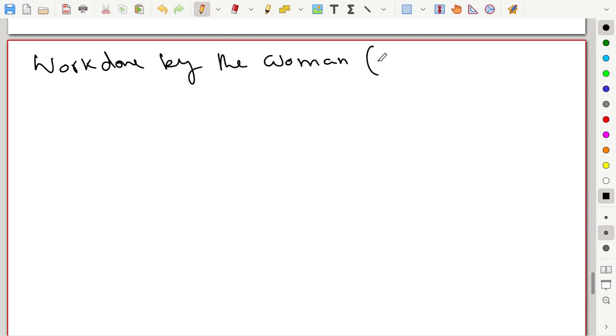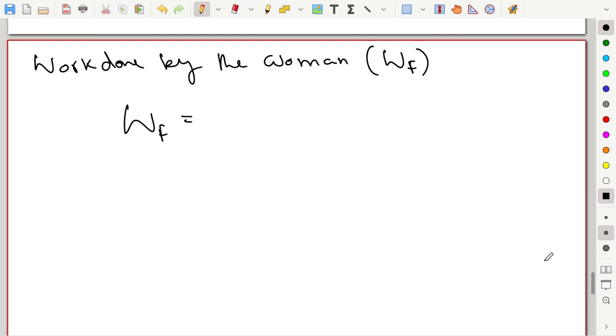Let me write it as WF. So WF is nothing but the area under the curve.